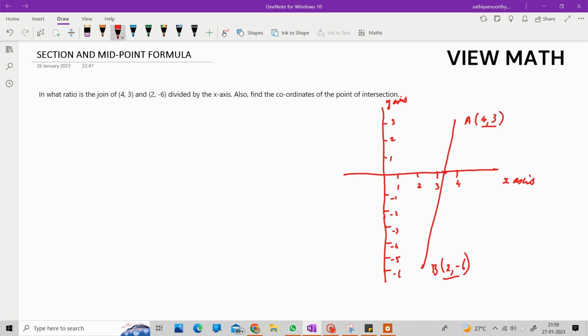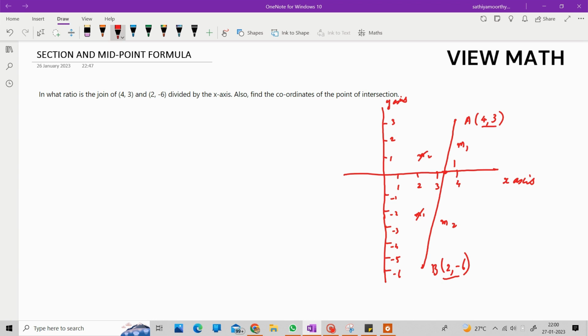So this is my m1 and m2. From where we are starting, from there only we have to write m1 and m2. We should not write it the other way around. Here it is m1 and m2, and the point of intersection is here.